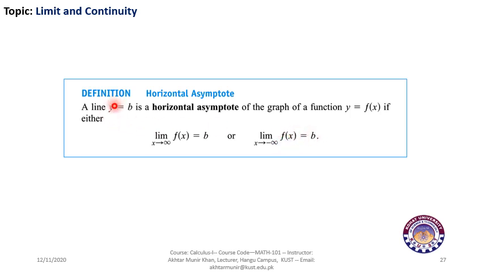This horizontal line, as we know, y equals a constant, gives us a line parallel to the x-axis. So this line will be called a horizontal asymptote if at least one of these conditions is true.